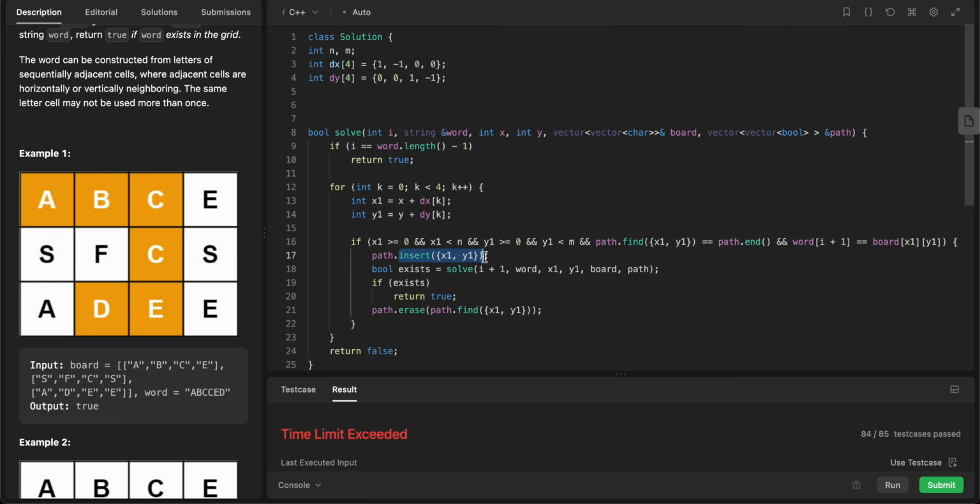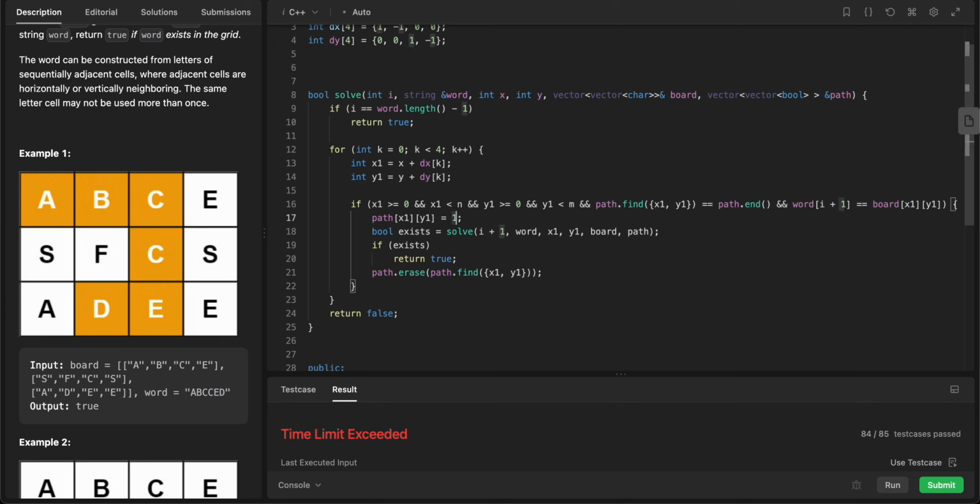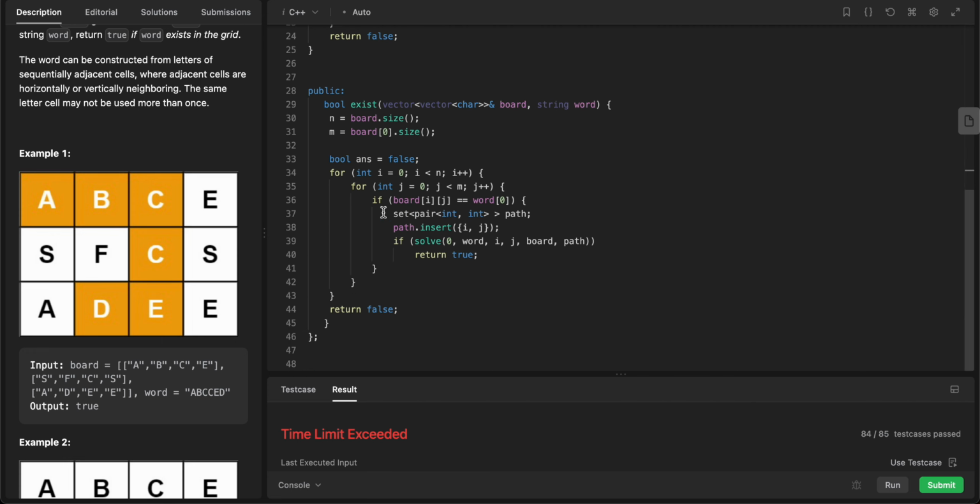Okay, we can say path of x1 y1 is equal to 1, initially it is 0 or true, and mark it false. And it will be a vector of path of n cross m.